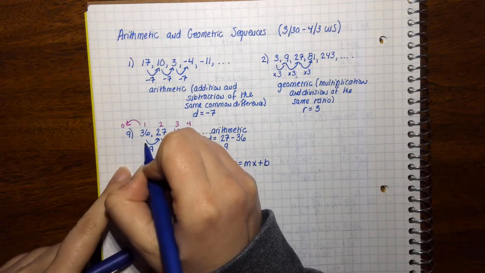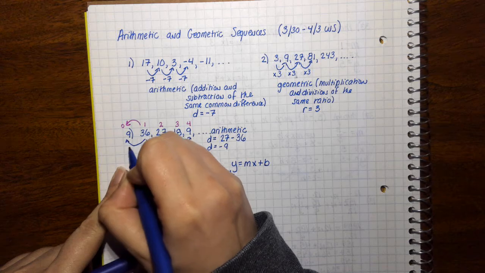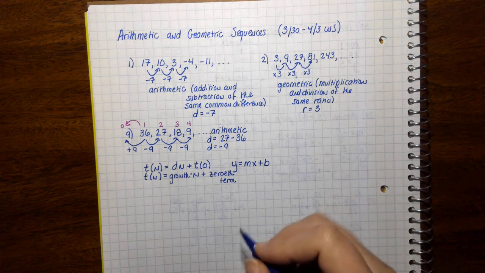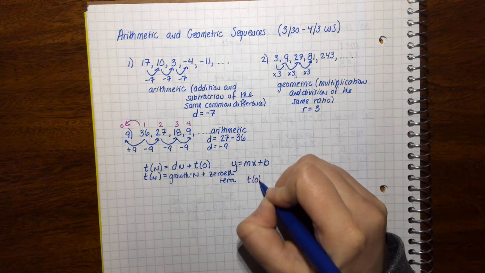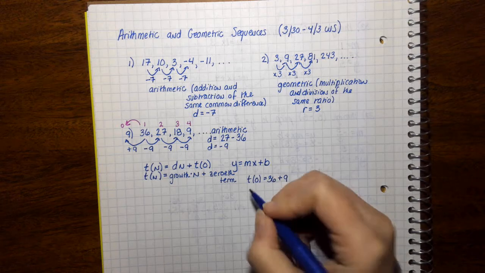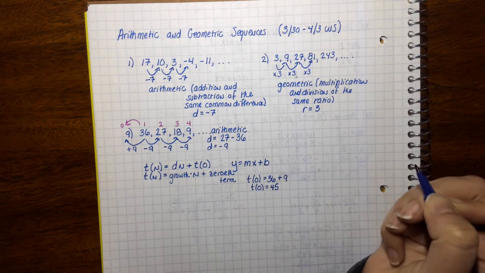Okay, one of the ways that you can get that is to do the opposite. So if I go down 9 each time and I want to go backwards, I'm going to go up 9. What is 36 plus 9? 36 plus 9 is 45. So t of 0 equals 36 plus 9. I'm doing the opposite. 45.